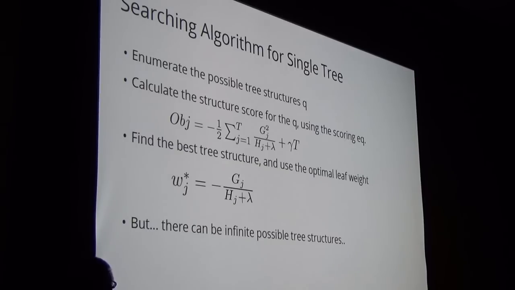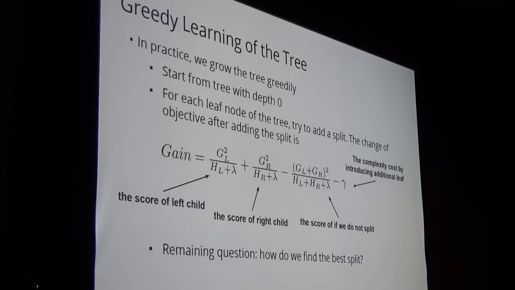So what people usually do instead is grow a tree greedily. Every time we start from a tree without anything, and we add splits to the branches recursively. And every time, the structure scoring function is still our friend.